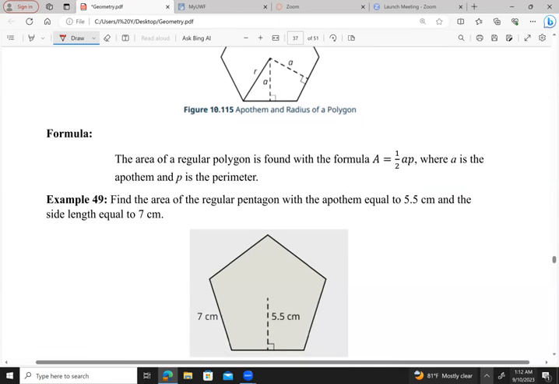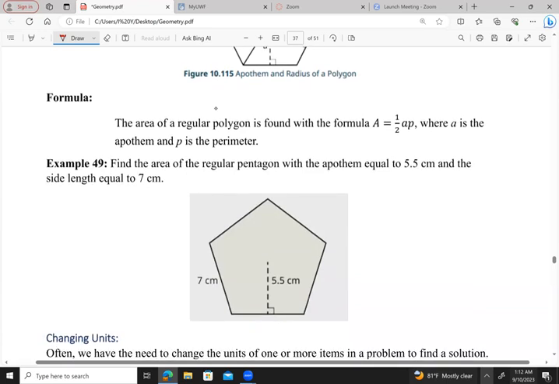So we have, find the area of a regular pentagon with apothem equal to 5.5 centimeters and the side length is 7. So we have 5 sides, so 7 times 5, 35. That's our perimeter.